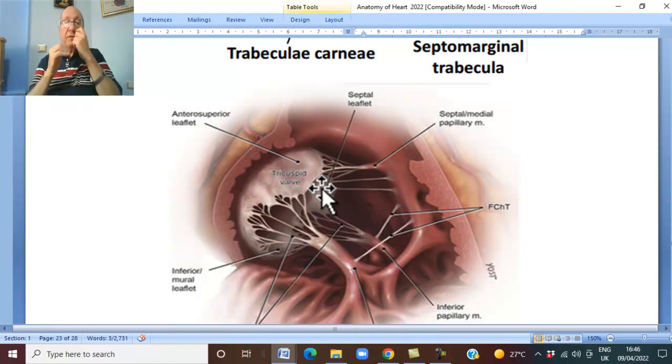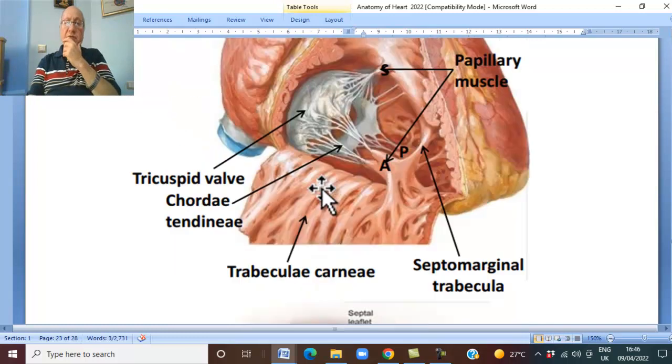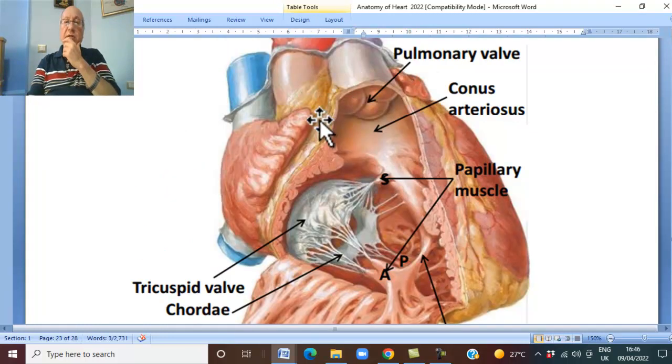The next orifice, which is the outlet orifice of the right ventricle, is the pulmonary orifice. The pulmonary orifice is circular, and it is situated horizontally at the upper end of the infundibulum.